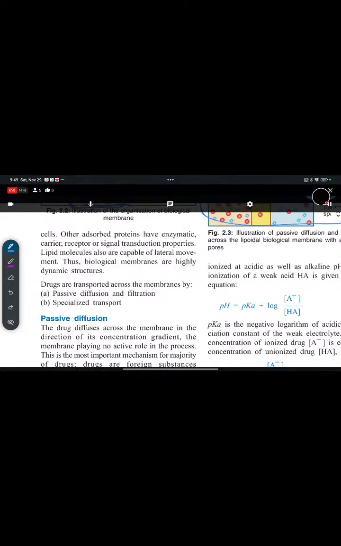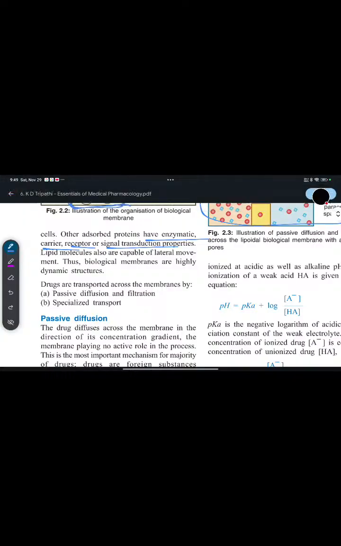Other adsorbed proteins have enzymatic carrier, receptor, or signal transduction properties, and they also help in the movement of substances across the membrane. The most important thing is that biological membranes are highly dynamic in structure, and they allow only two types of transport. Number one is passive transport, number two is specialized transport.